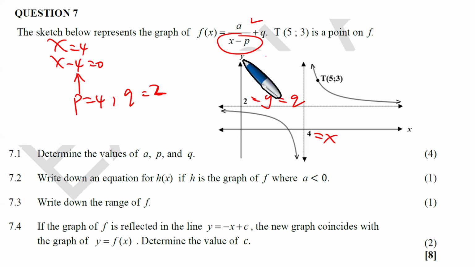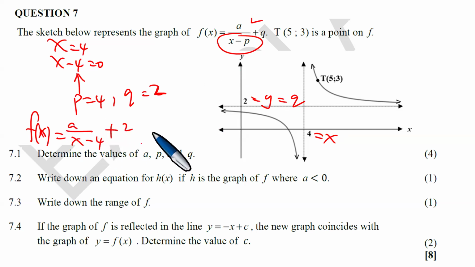Our q is 2. Now if this is the case, you have f of x equals, what is our a? Our a we don't know, but we know our p is 4, q is 2, but it goes through T with coordinates 5 and 3, which means it's x and y.